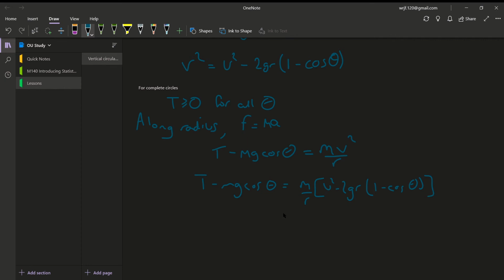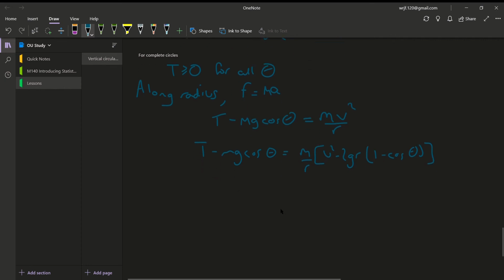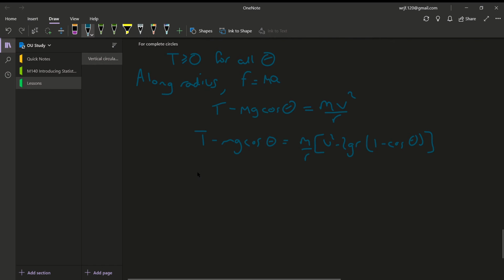And with a bit of expanding all of that and tidying up, we can get to a situation where we've got T minus mg cos theta on the left. Expanding that bracket and tidying things up, we're going to have an mu squared over r term, and then the r here is going to cancel out with the r in the 2gr, so that's now 2mg, with the r's cancelling out, and 1 minus cos theta.